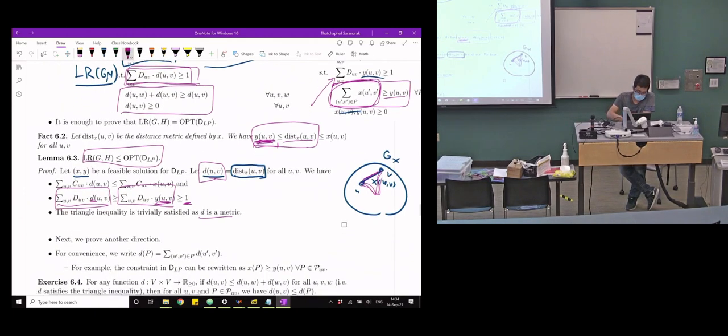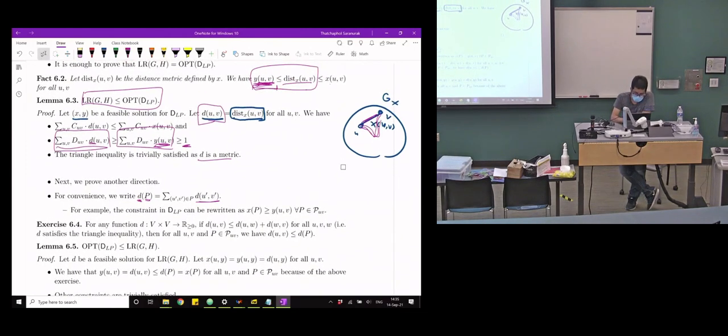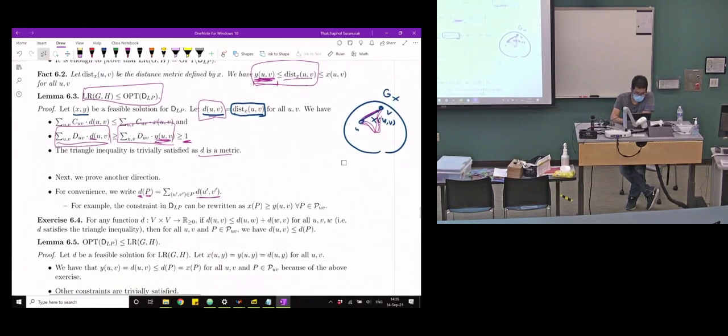This is done. Now to prove the other direction, just for convenience, let me write D of P. It's just the sum over all D along the path. For example, the constraint here is the same thing as writing that X of P is at least Y of UV.